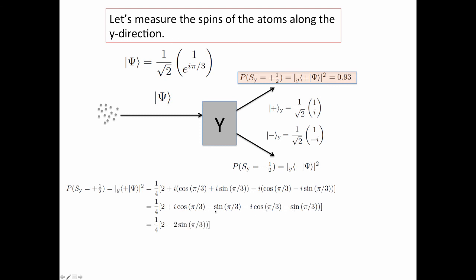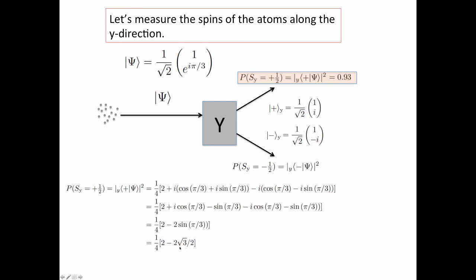The difference with the previous probability is that the two sine terms are negative rather than positive, so we end up with the probability of spin down along the y direction is 1 quarter into 2 minus 2 sine pi over 3. Apologies, this here is meant to read spin down in the y direction. This is meant to be a negative here.